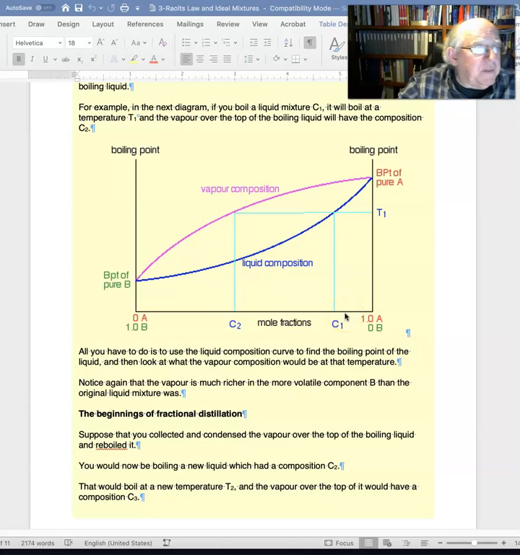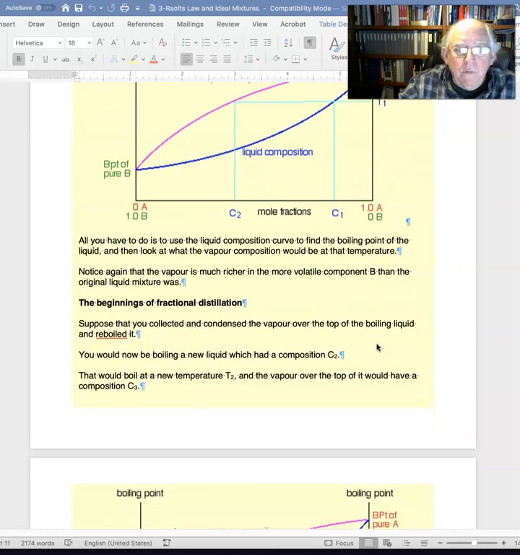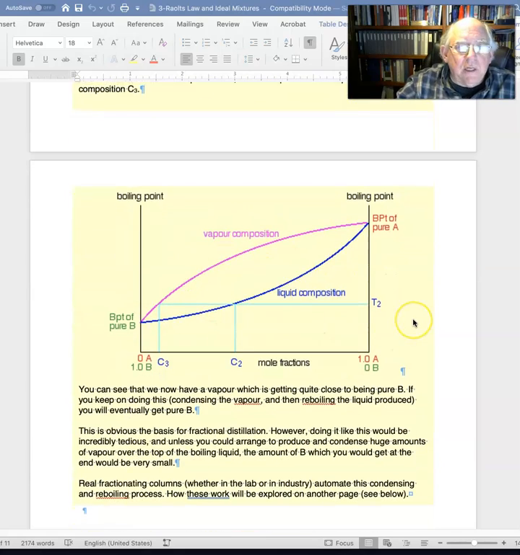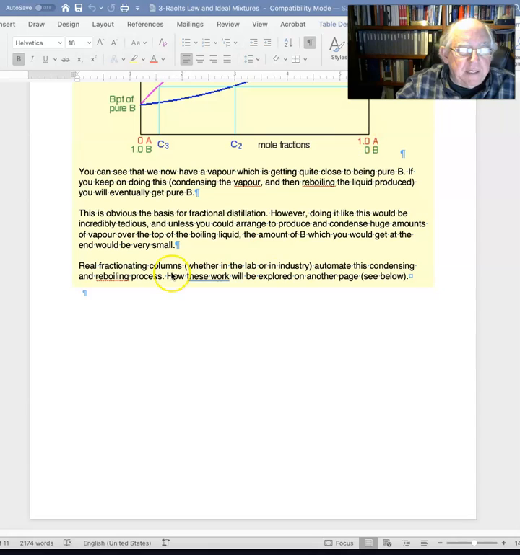But we know that the ethanol has a higher volatility, and if we can somehow cause the system to boil and then to condense and to reboil, condense, we can drive the vapor on top all the way up to a higher and higher percentage of the volatile component. And that's what is being discussed here. And that finishes up this particular section dealing with fractional distillation.